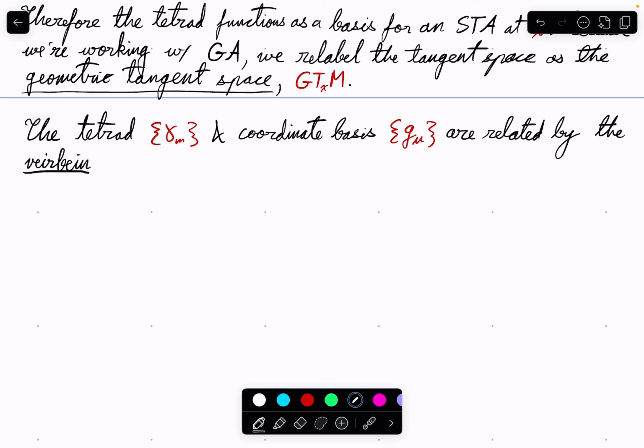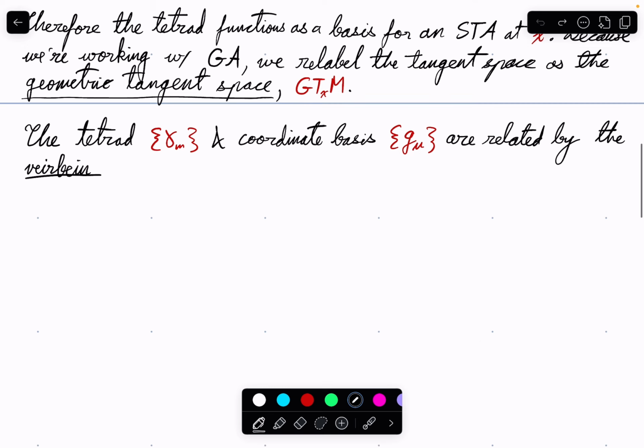I probably should look up how to pronounce it. By the Vierbein e^m_mu. And this is just a number that is indexed by m, the tetrad basis index, and mu, the manifold index or the coordinate index.